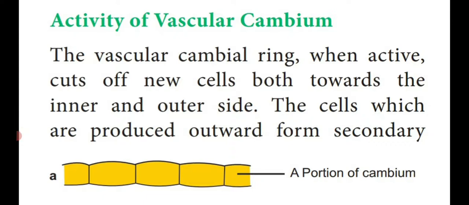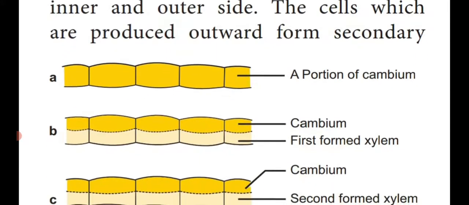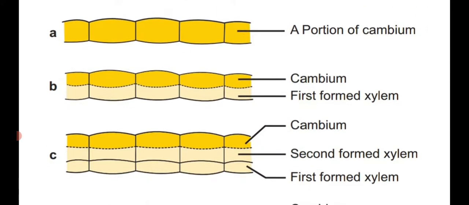See the diagram which is showing the activity of vascular cambium. First one, this is the vascular cambium made up of parenchymatous cells, which is a single row of vascular cambium. That's why they are given a portion of vascular cambium. So it cuts off and produces a first layer on the inner side of the cambium.